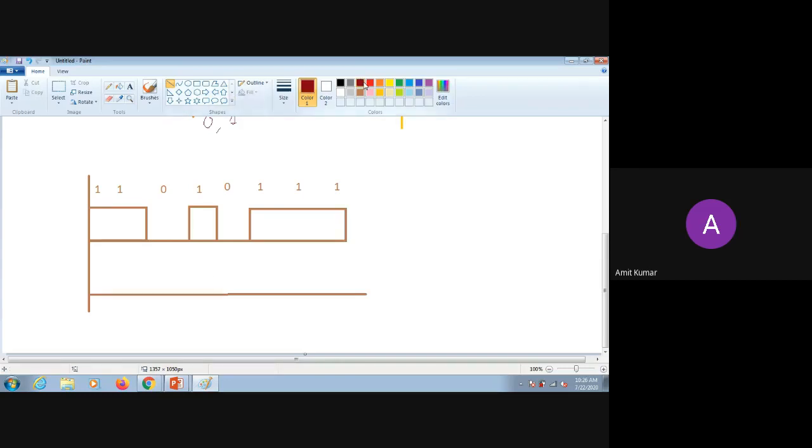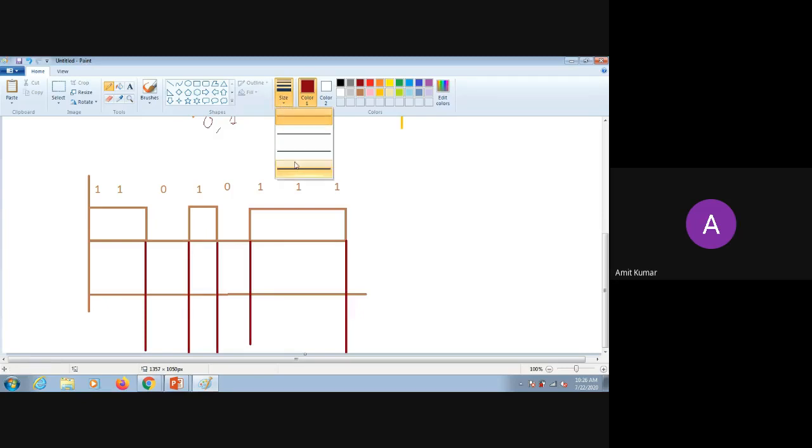So for 1 it is a higher frequency, and for 0 it will be a lower frequency. So you want to send this kind of output.